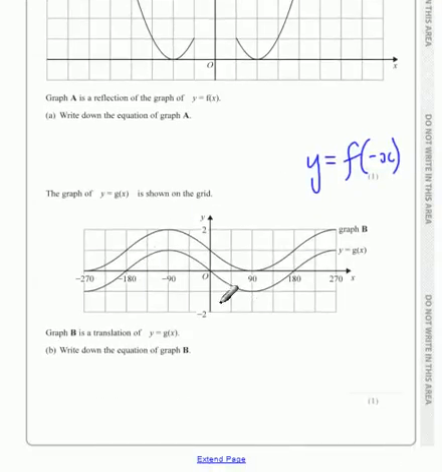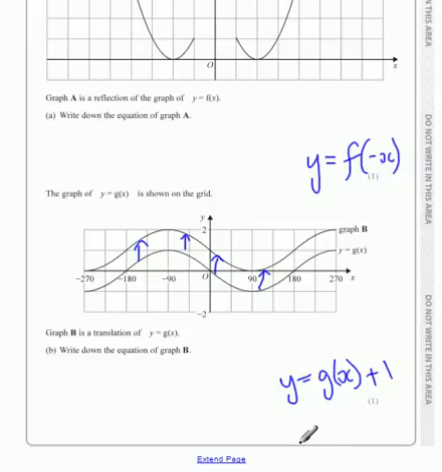Part B, different graph. So we've got g of x here is this wave, and then graph B, we can see that that is a translation. The whole graph has been shifted up by 1. So again, thinking about our graph transformations, we've got g of x, and that is a translation up by 1, so that is plus 1 on the end.